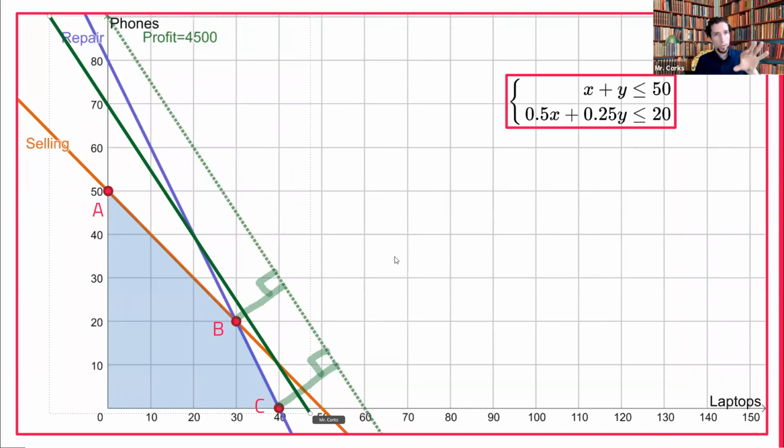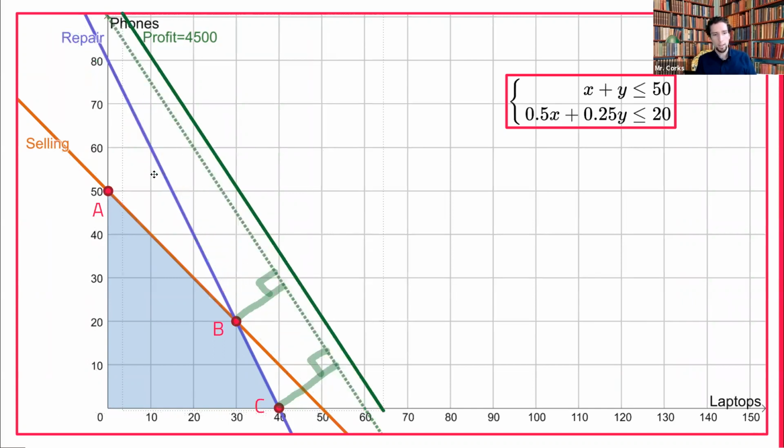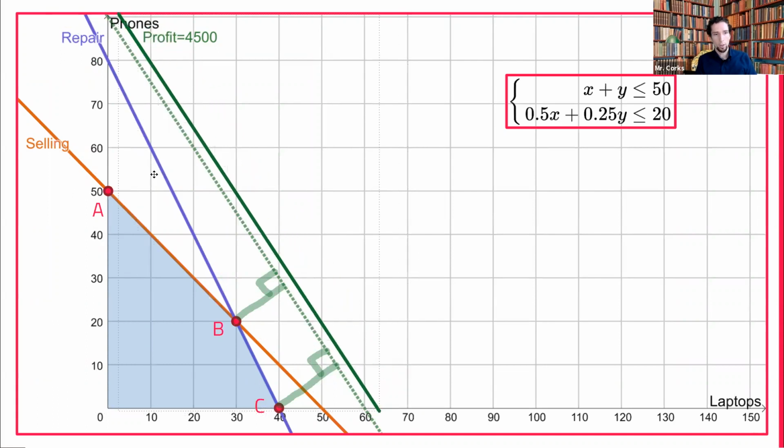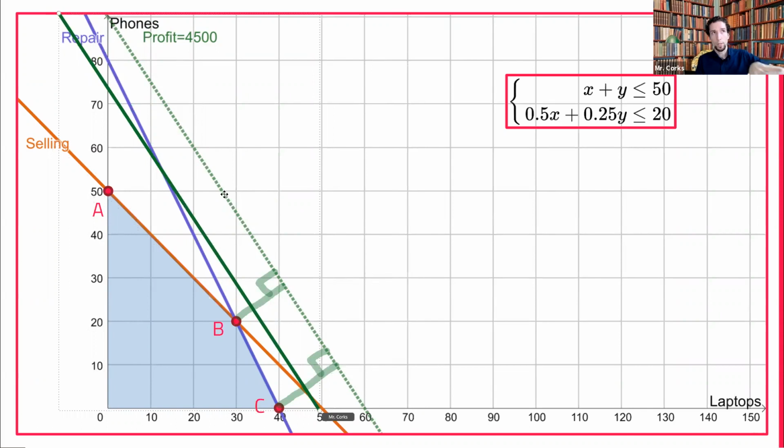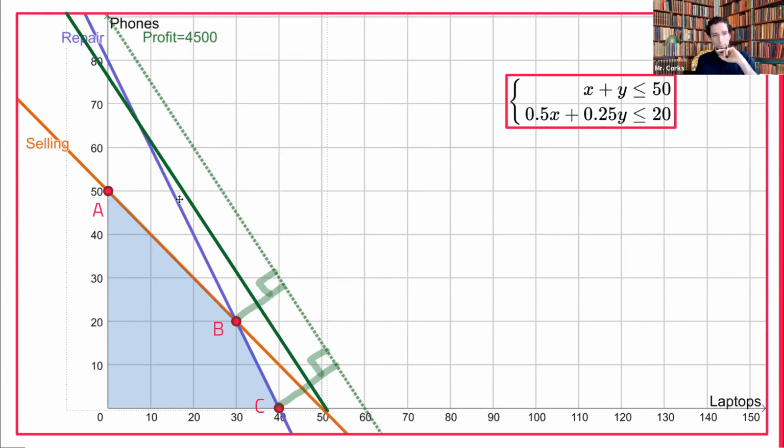The constant we choose for the isoprofit line doesn't really matter, because a bit later, we'll actually calculate what's the exact profit for B. We'll use some algebra to verify that. So the constant is just so we can slide this line back and forth and find the point that's closest to our isoprofit line.